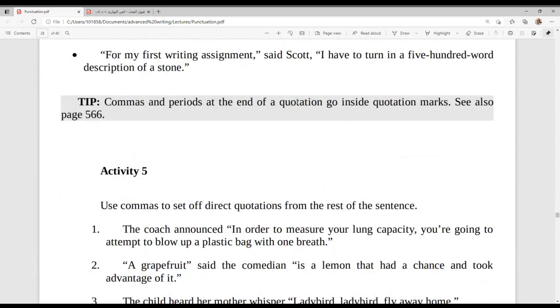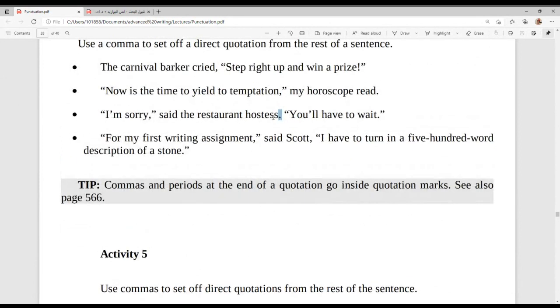The commas and periods at the end of a quotation go inside quotation marks. Yeah, this is very important. Look at the punctuation marks here. It comes inside the quotation mark. Look here, exclamation mark. It comes inside the quotation. Look at the comma. It comes inside here.